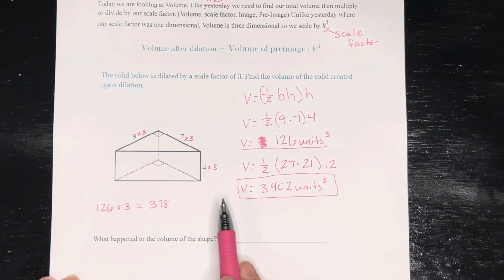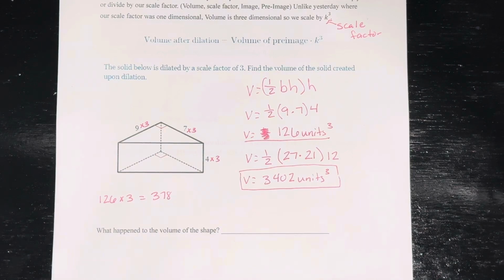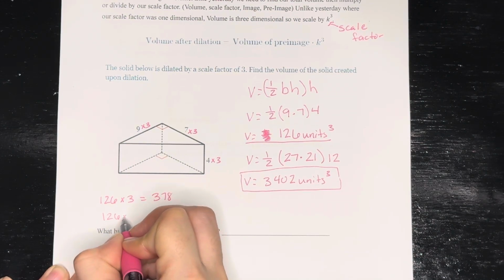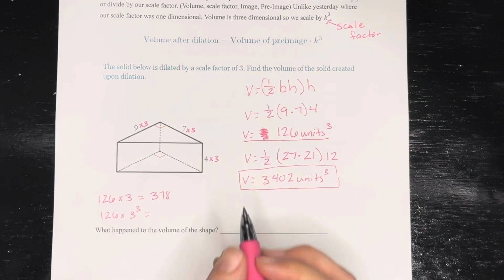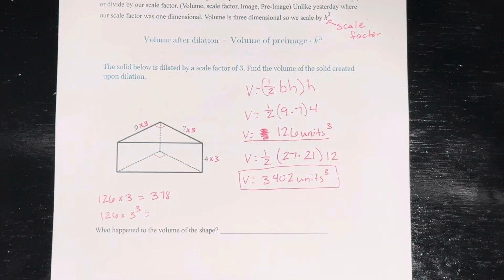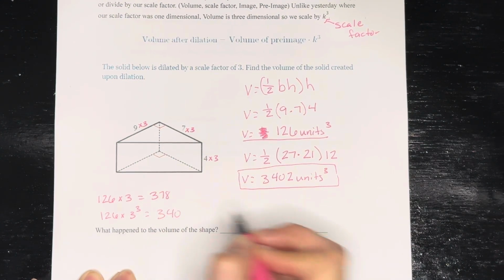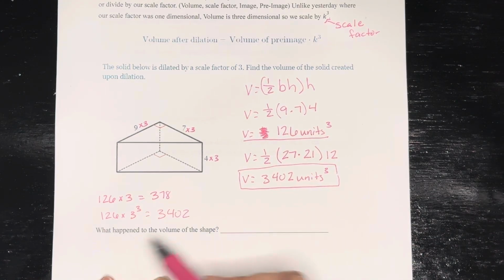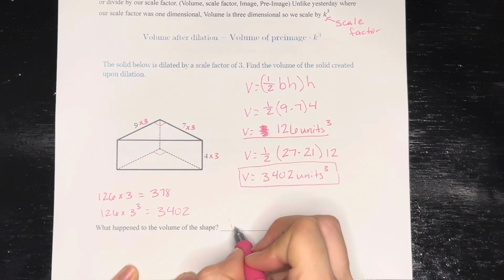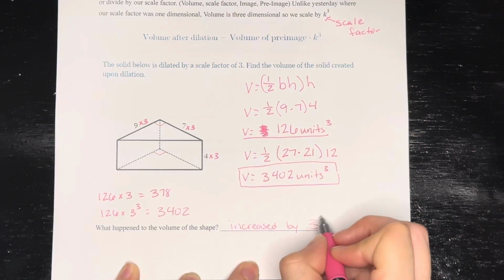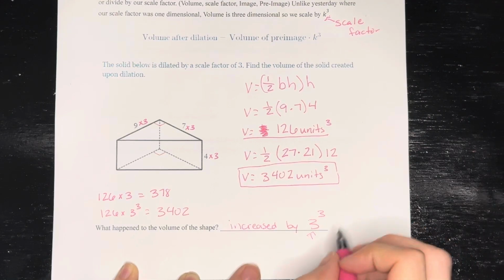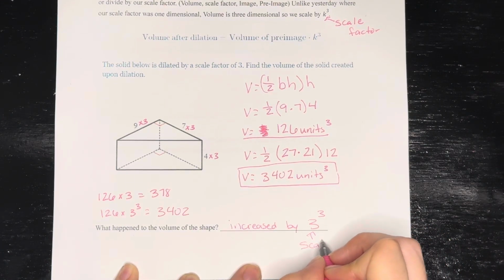So since this is a 3-dimensional shape, my whole shape or my volume of my shape is actually changing by a scale of 3 cubed, since all 3 of my sides are dilated. Okay, so 3 cubed is actually 27. So 126 times 3 to the 3rd power is 3,402. Okay, so what happens to the volume of my shape? It increased by 3 cubed, where 3 is my scale factor.